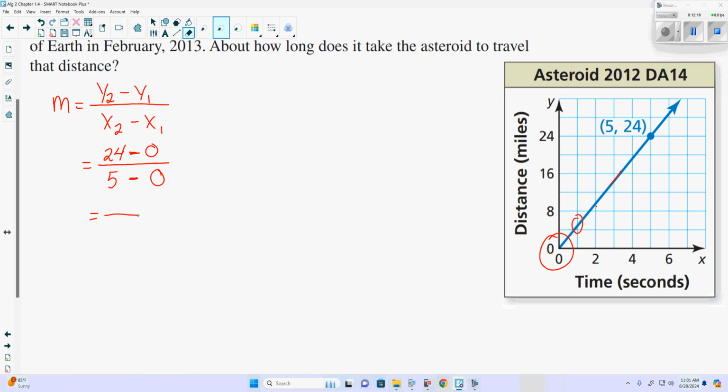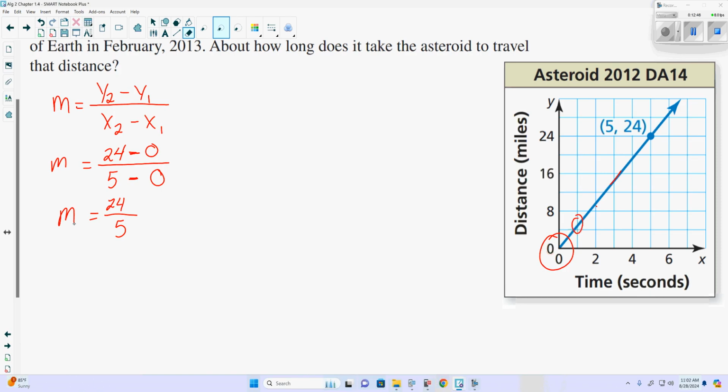Now we can do this by hand. 24 minus 0 over 5 minus 0. Okay. It'll be 4.8, because 25 over 5 would be 5, so 24 over 5 would be 4.8.